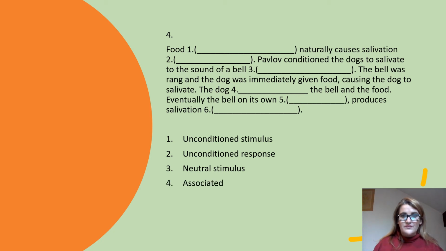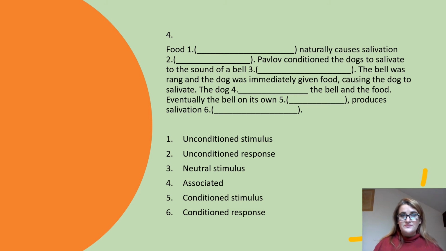The dog associated the bell and the food. Eventually, the bell on its own became the conditioned stimulus, which produces salivation, the conditioned response. Now, if you learn that little diagram off by heart, you can apply that to any scenario which comes up on classical conditioning.